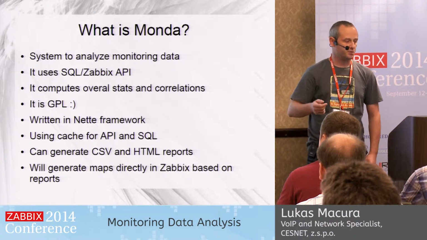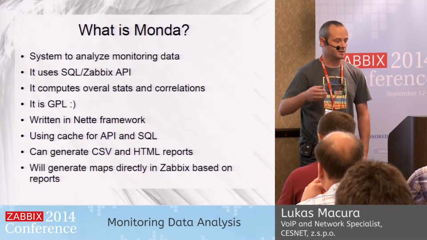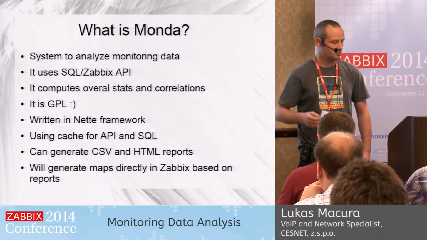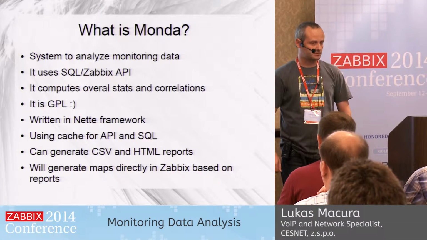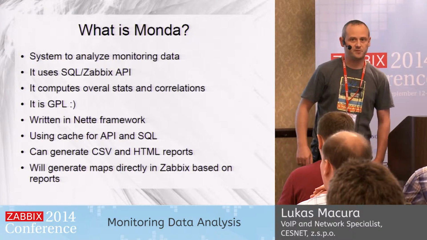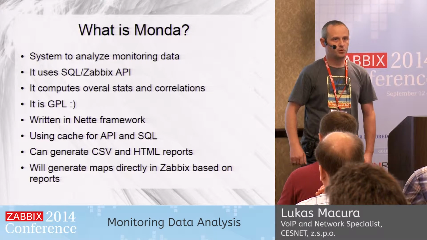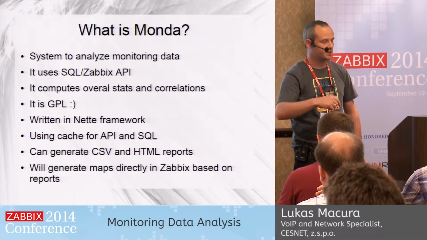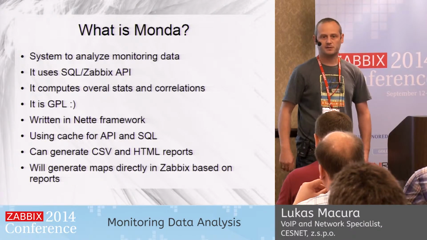It uses a cache because we often use the same API calls and SQL queries, so it's quicker. In the near future, maybe there will be a tool to generate maps directly back to Zabbix from what we found. And of course, it's open source.